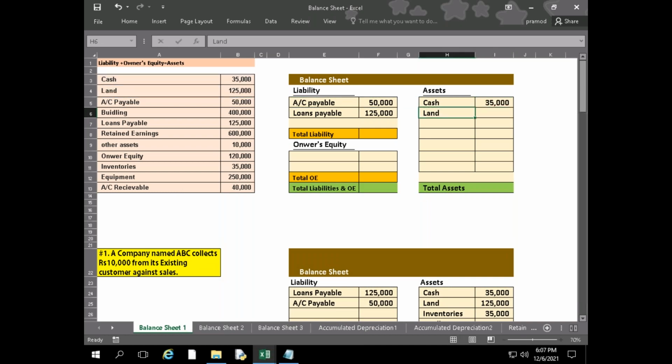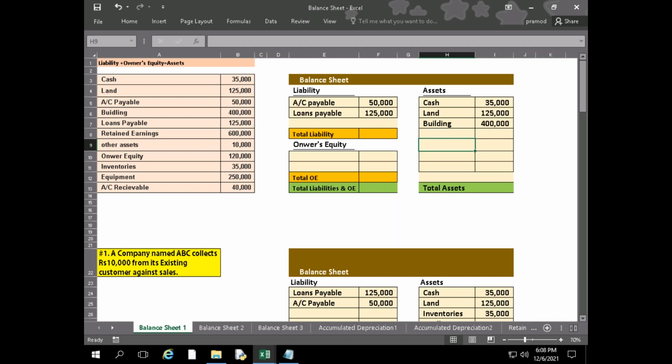Land is an asset. Accounts payable is a liability. Building is an asset. Loans payable is a liability.